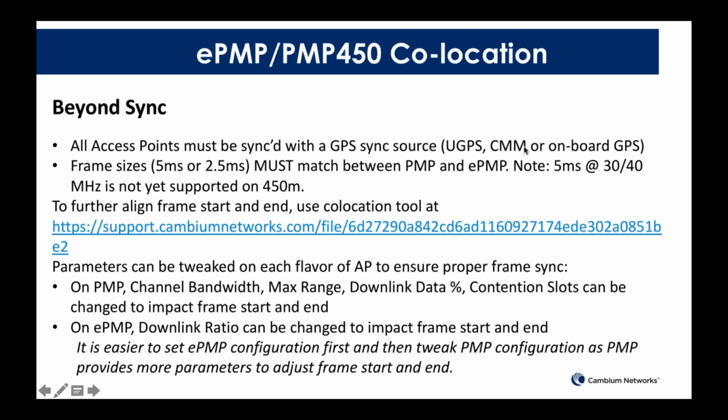As I showed you in the spreadsheet, the parameters you can tweak and see if they will fit with each other are the channel bandwidth, max range, downlink data percentage, contention slot, and on ePMP the downlink ratio, that will impact the frame allocation, the frame size in the downlink and in the uplink. So that's the collocation portion, and it was introduced in 3.5.2.